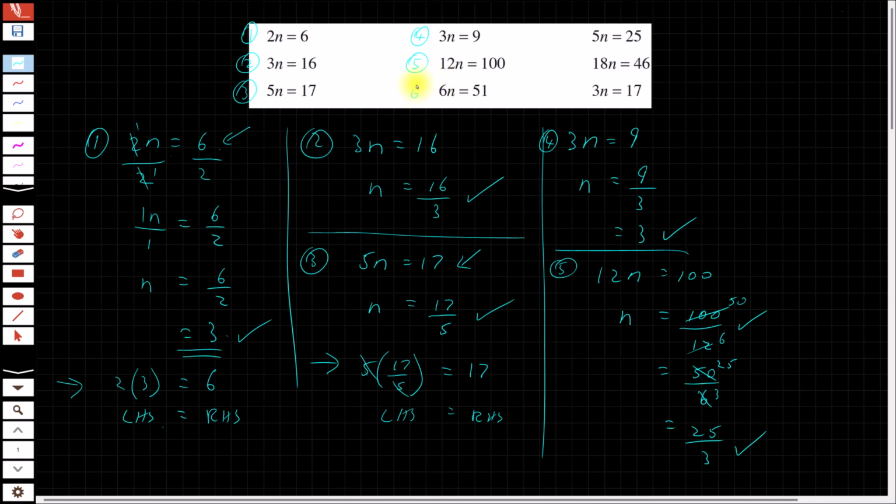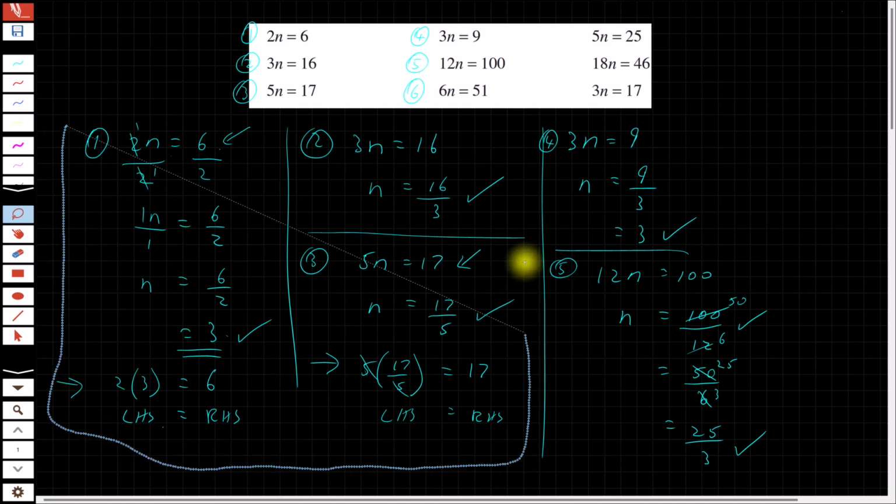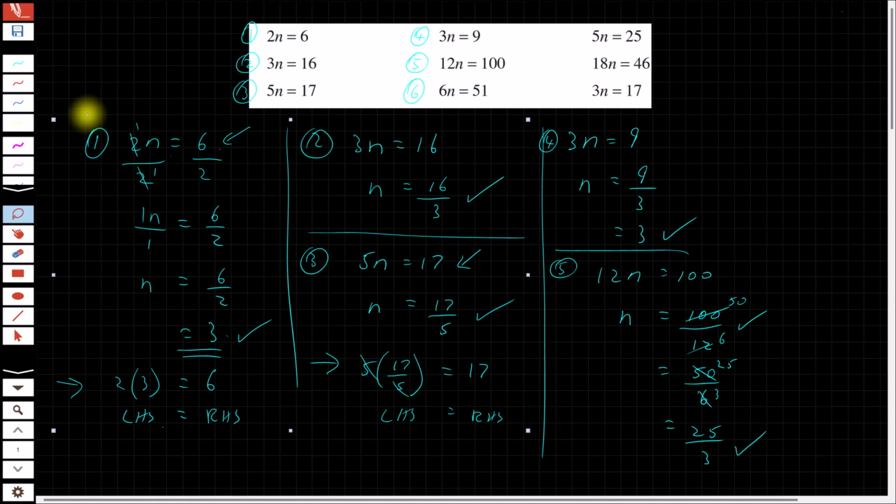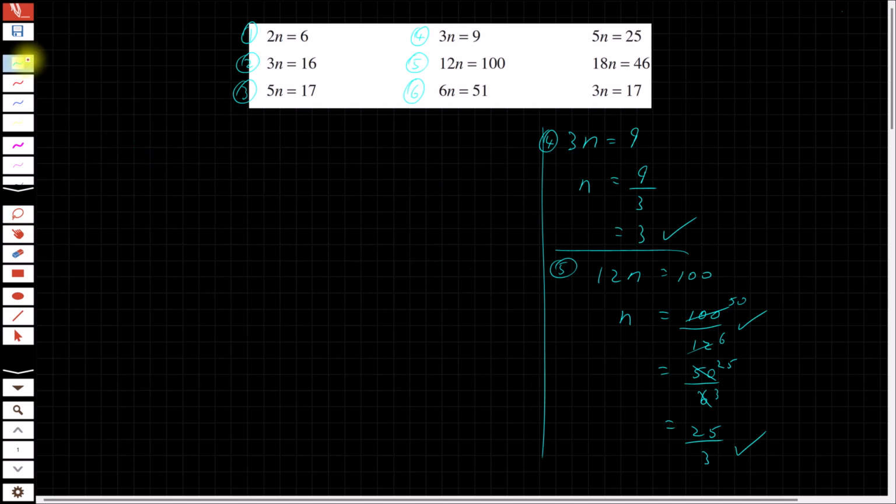Let's do number 6. Get some space here. 6n equals 51. Divide the left hand side by 6 and the right hand side by 6.